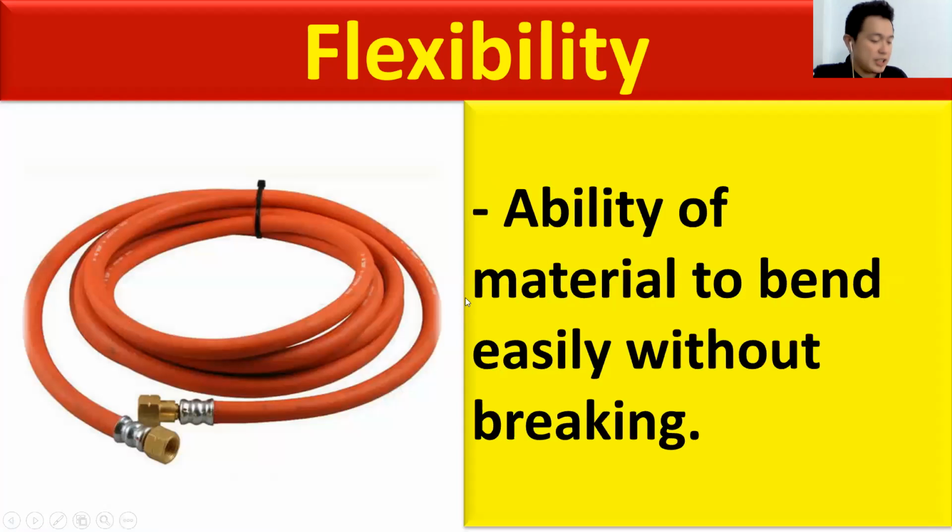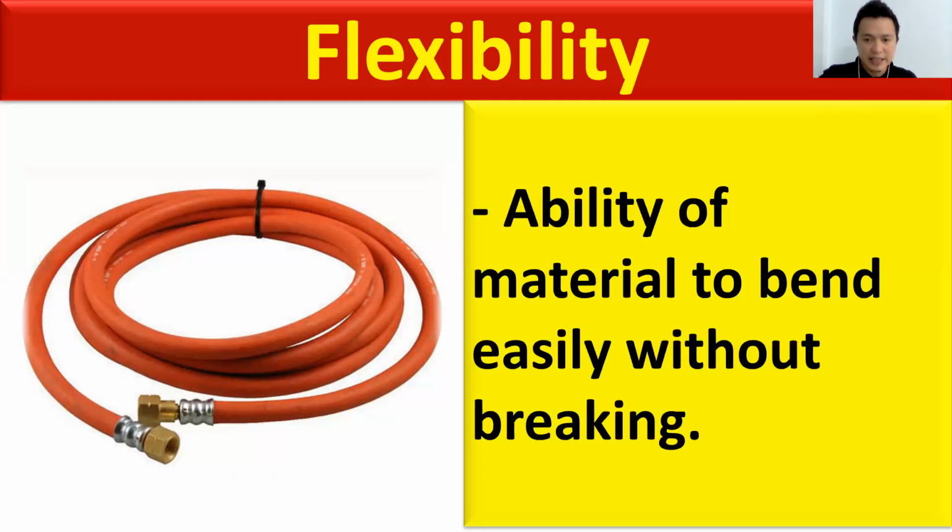Now, flexibility on page 46. Let's talk about flexibility of a material. It is the ability of material to bend. What do you mean by bend? Bend is like this.